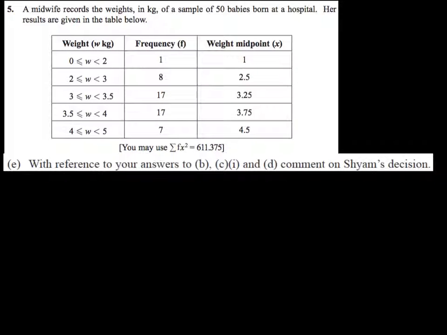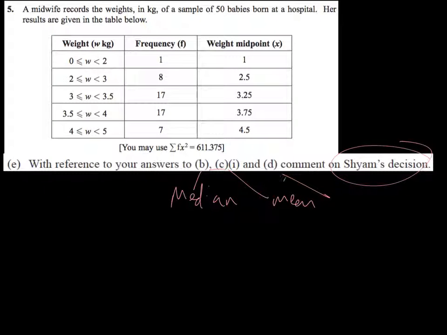In part E, we're asked to comment on Shyam's decision to model this using the normal distribution. So with reference to your answers to B, C and D, comment on this decision. Essentially in B you found the median, in C we found the mean, and then in D he modelled it with the normal distribution, and we were asked to find the probability of W being less than 3.